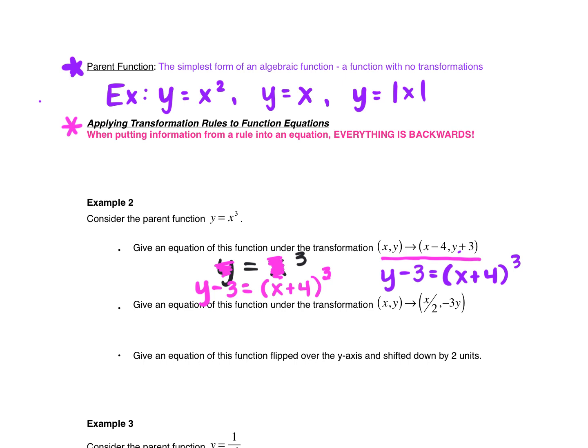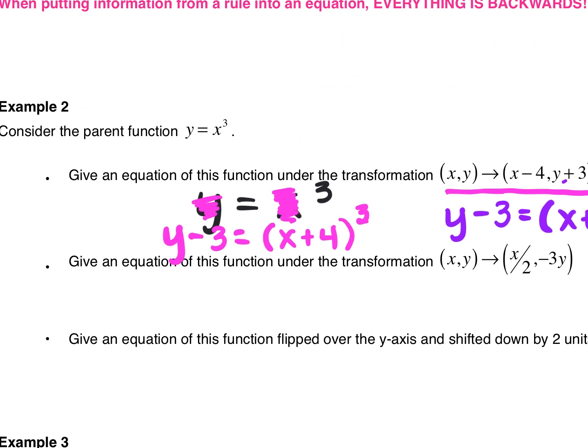So my next one, I'm still working with x cubed, and this time I have x divided by 2 and negative 3y that I'm putting in there. And same as before, I'm doing this by replacing the x and the y. So I'm starting with y equals x cubed.